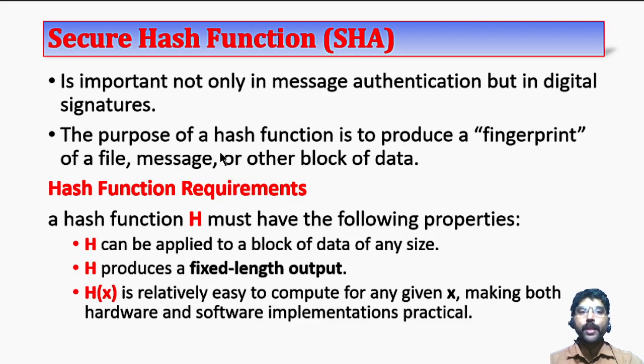Just like fingerprint of human being, with the fingerprint we can easily identify that fingerprint is belonging to which person. In similar way, with the help of SHA, we can identify SHA is belonging to which document or which file.